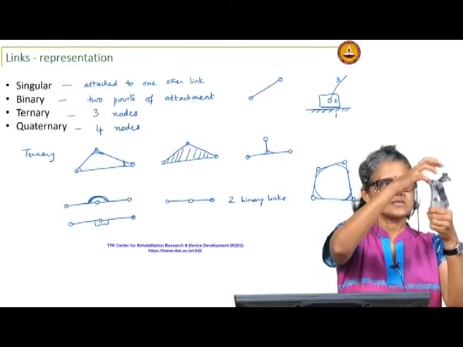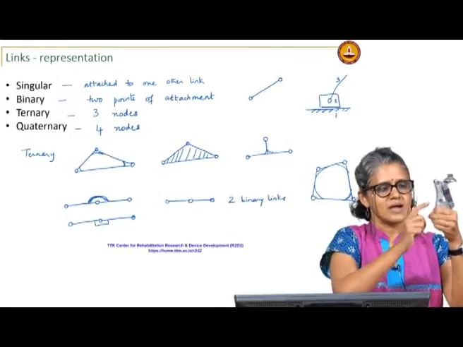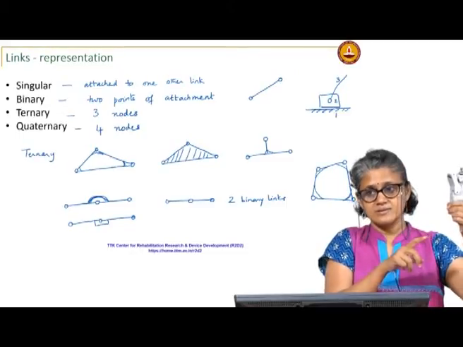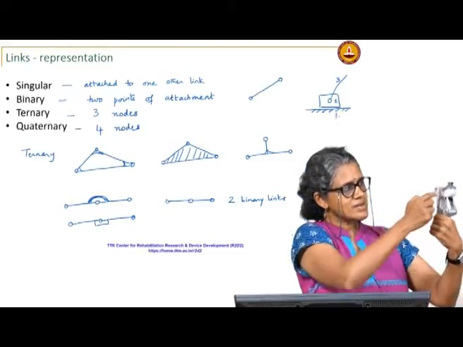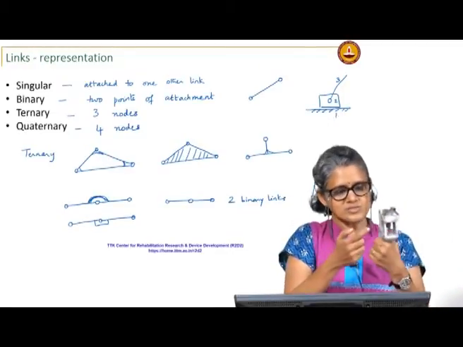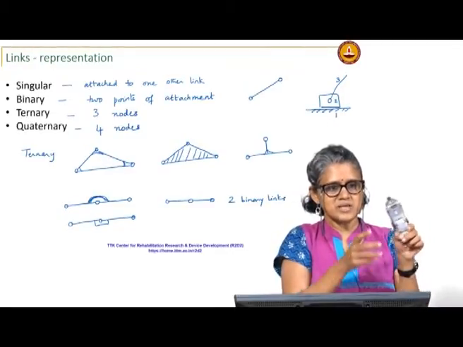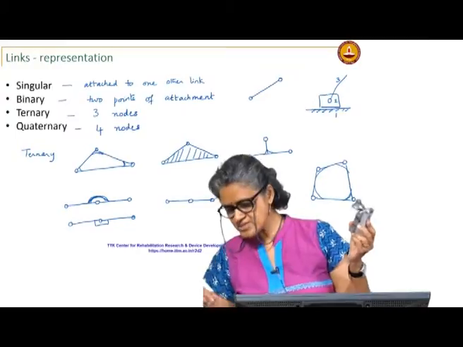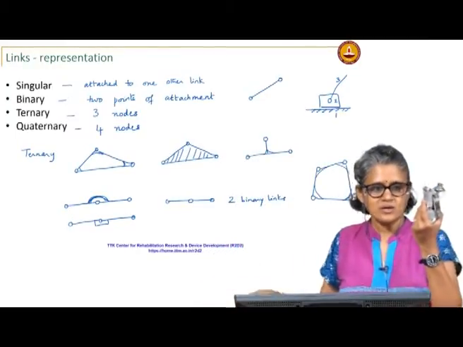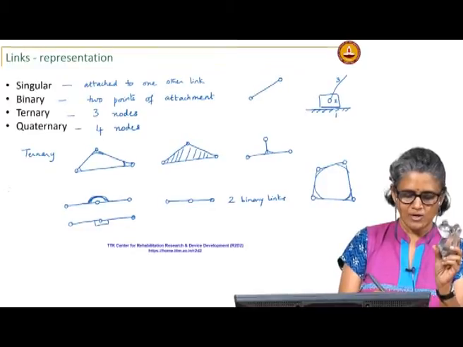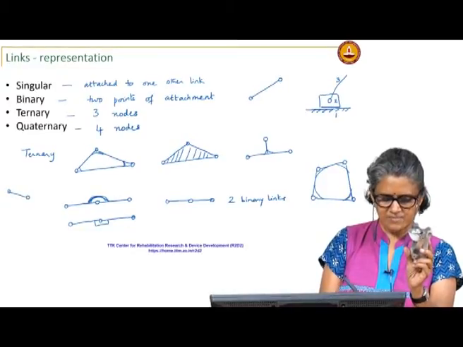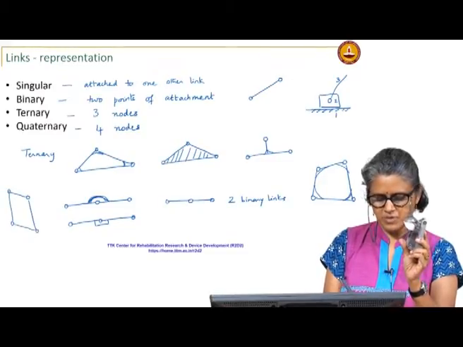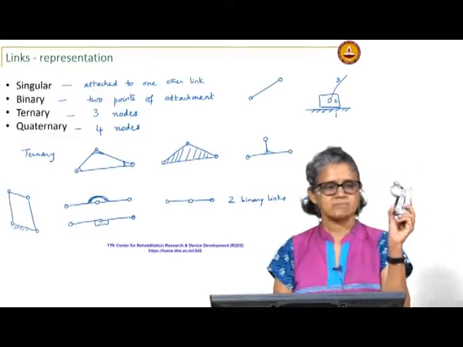If you look at this, all these links, this link, this link, this link and this link, there are 4 links here. They are all what kind of links? Binary links. You can see that this one has 2 nodes, similarly this, but their shapes are considerably different. If I draw a simplified representation, all I would do is just use the nodes basically and draw it as, in this case, this would be my mechanism, say this is the fixed link.